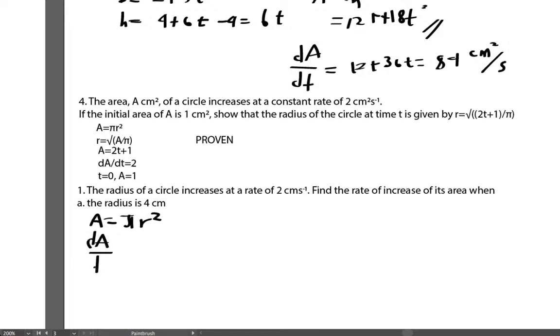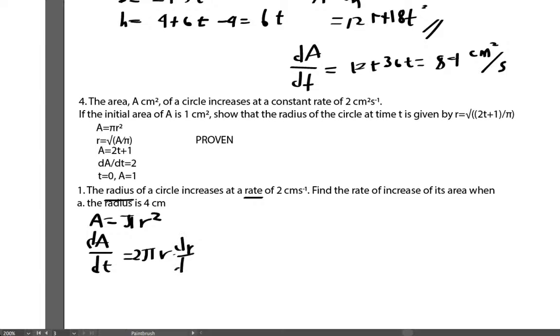You want to be careful, because r here is actually a function of time as well. You can see here that the rate of the radius means that the radius is a function of time as well. When you take the derivative, it's 2 pi r, multiplied by the derivative of r, which is dr over dt.